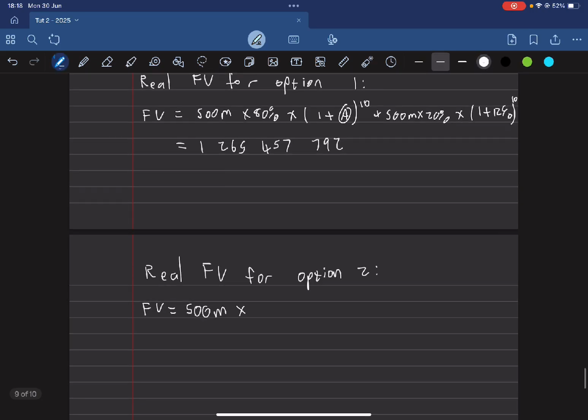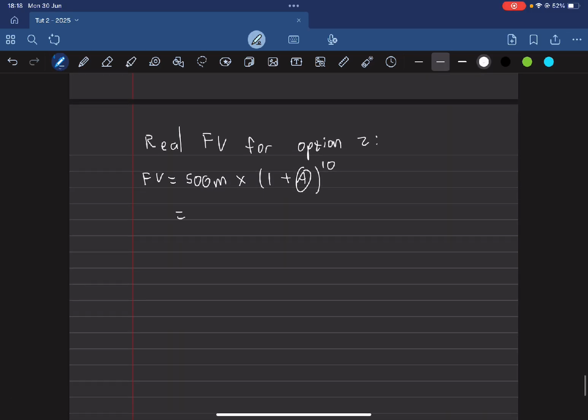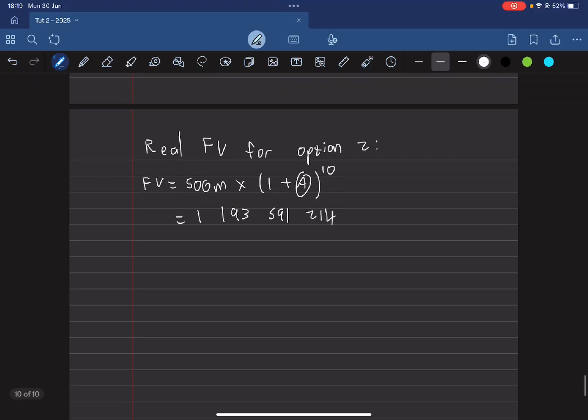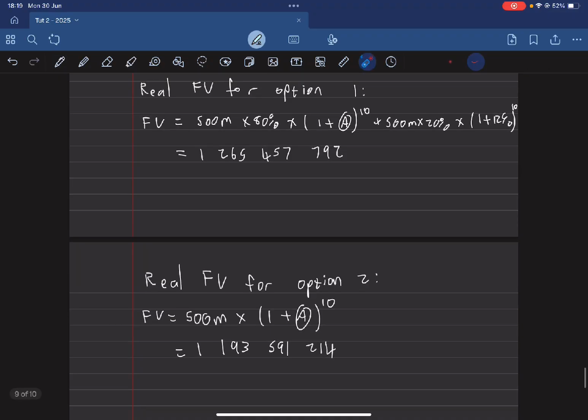So it's going to be multiplied by 1 plus A to the power of 10. And when we type that into our calculator, we're going to get 1,193,591,214.